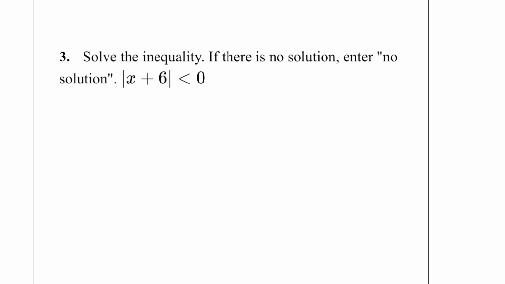Solve the inequality. If there is no solution, enter no solution. So whenever we have an absolute value inequality, I like to describe this as the distance away from the number inside of the absolute value brackets here. So we're going to have the absolute value of x plus 6, and the distance away from that is less than 0.